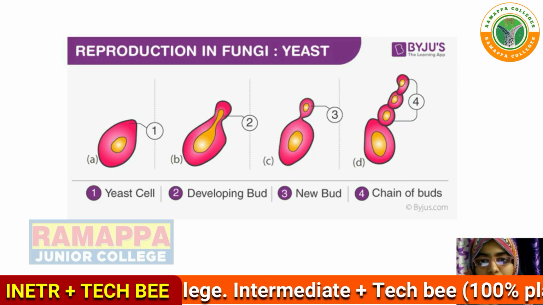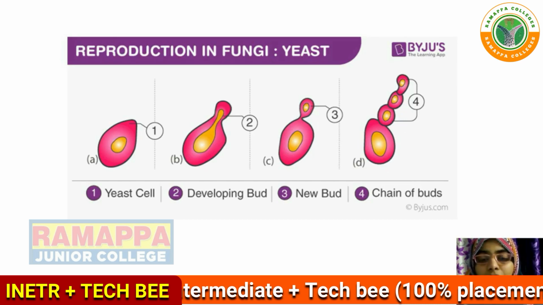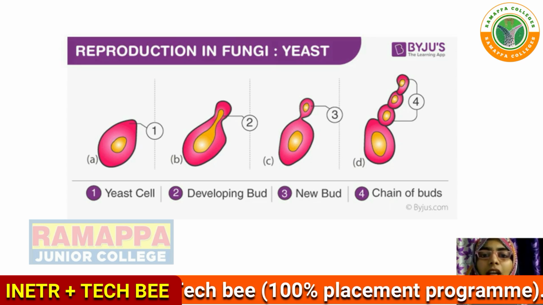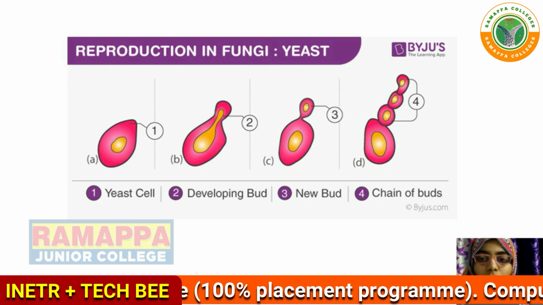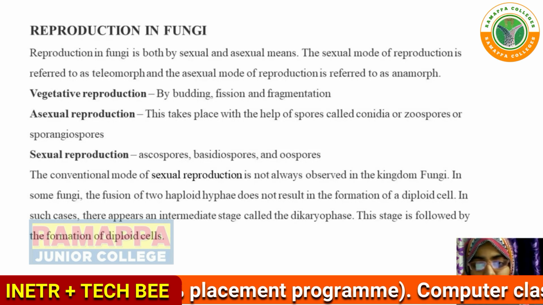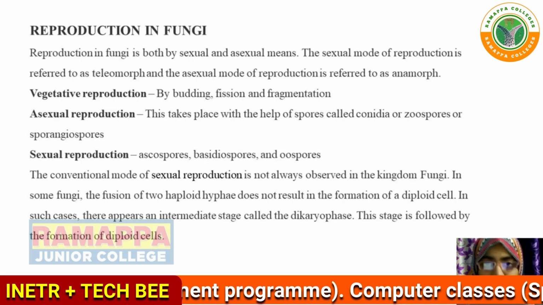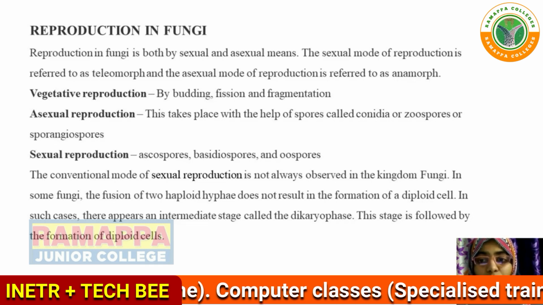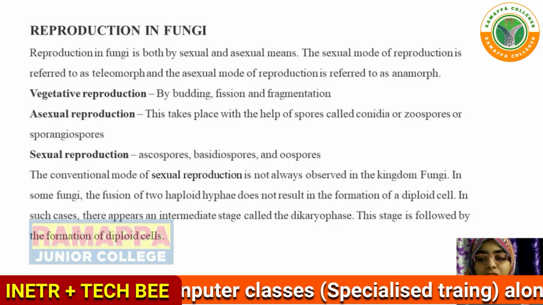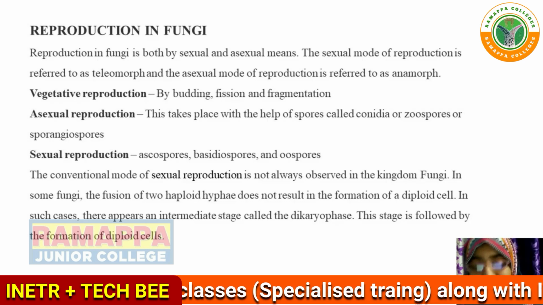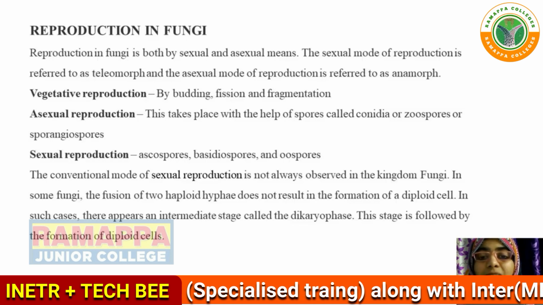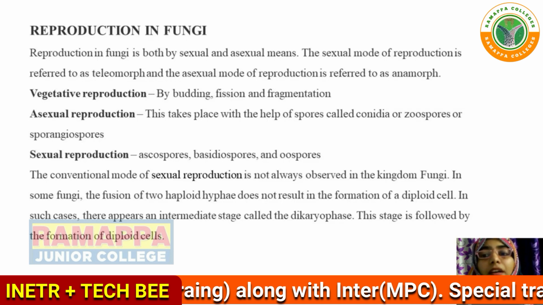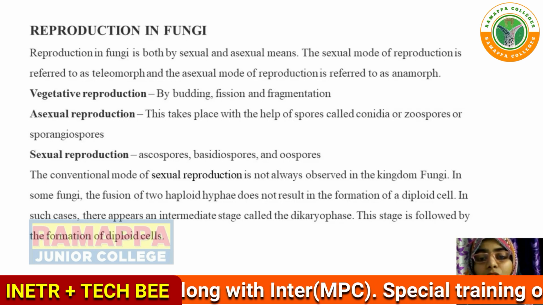There are various kinds of reproduction taking place in fungi. Coming to the next slide, fungi reproduce either vegetatively, asexually or sexually. In vegetative reproduction, fragmentation is the main part, in which Ascomycota and Basidiomycota are the main groups involved. They multiply by breakage of their mycelium.